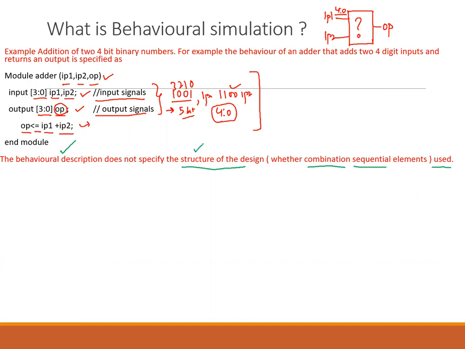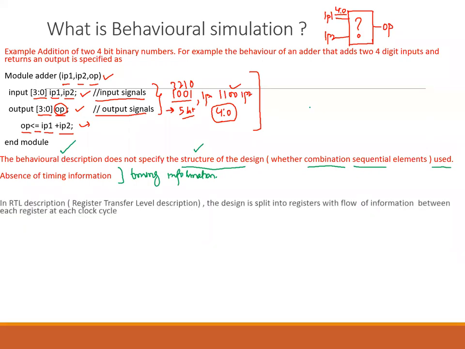No mention of structure is there, of what design you have inside. Here I have also not included any sort of timing information. So that's the thing, the absence of timing information: when your input is to be applied, when your output is there, what is the delay, and many other things.